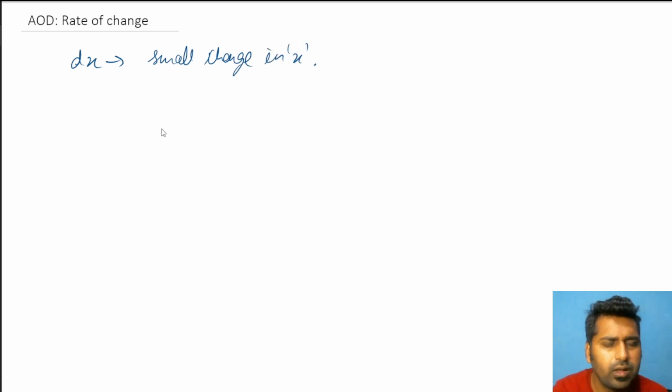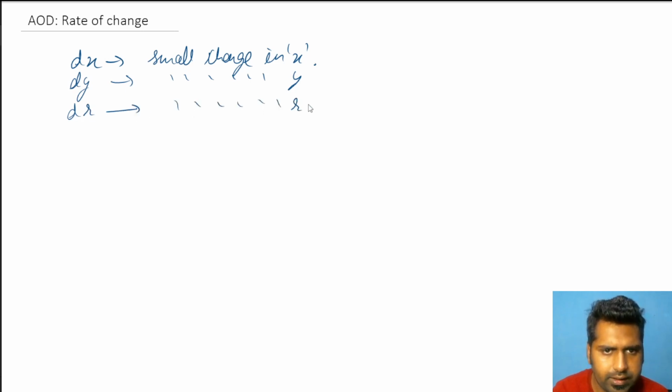Similarly, dy means small change in y. dr will mean small change in radius. R will have the same notations, the same standardization. A means area, R means radius, V means volume. Now let's understand dy by dx.